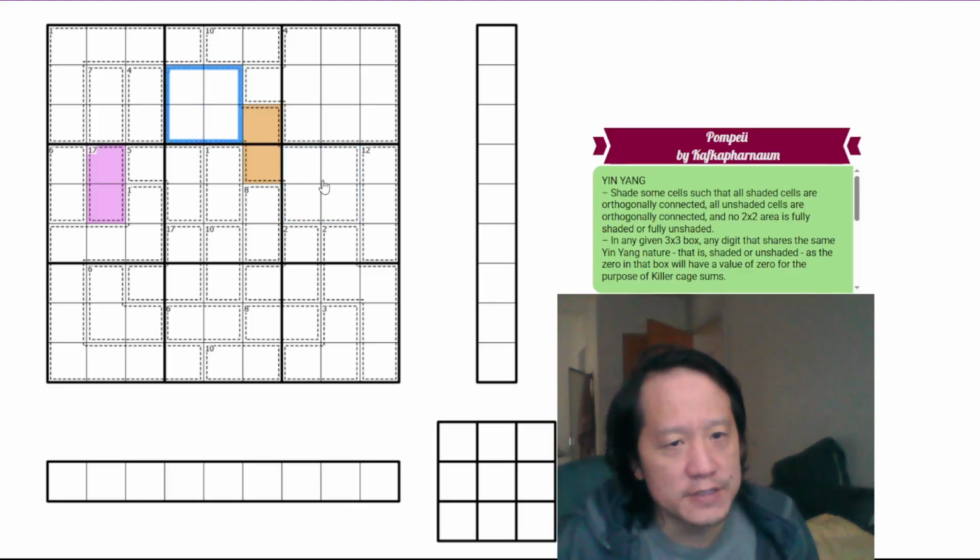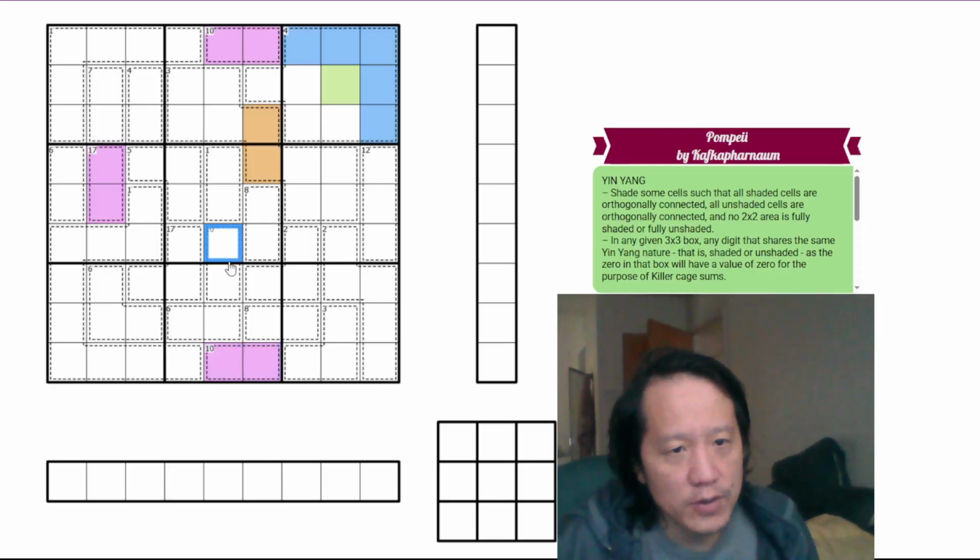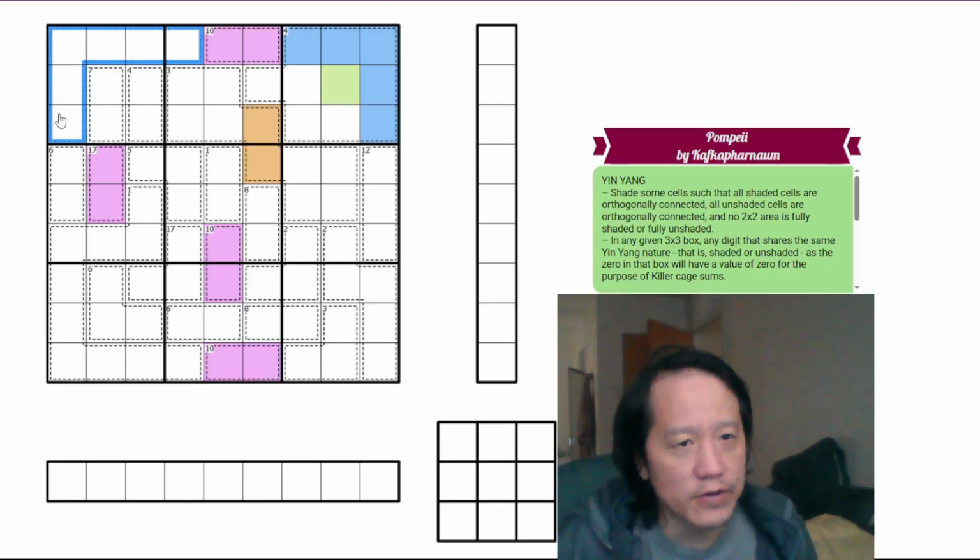So one of these has to have a value, one of these has to have a value. Same with box 4, right? So that means these cannot have a value, and this must have a value. Both of these must have a value. Both of these must have a value. Both of these must have a value. Only one of these can have a value. Only one of these can have a value.